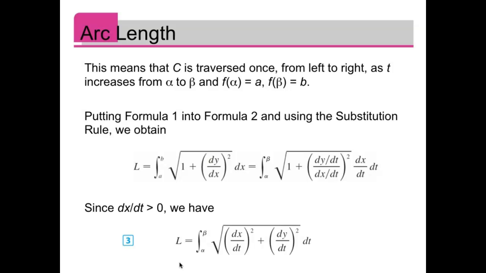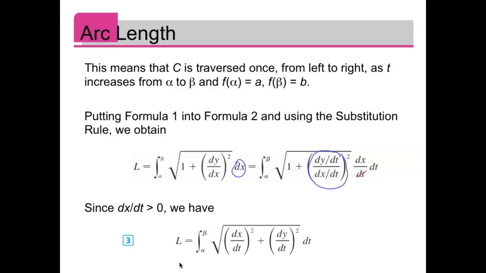All right. So then I'm just going to make a substitution here. We already knew that dy/dx was this, dy/dt over dx/dt. And then you can see here with cancellation that I'm replacing my dx with dx/dt dt.